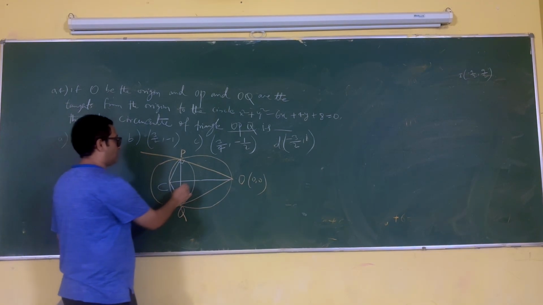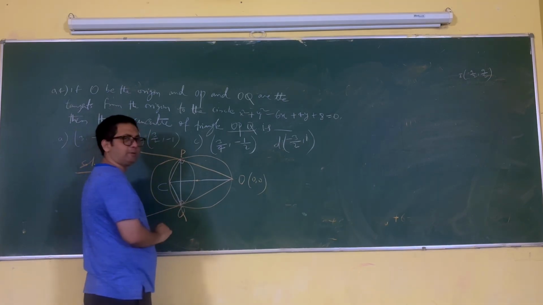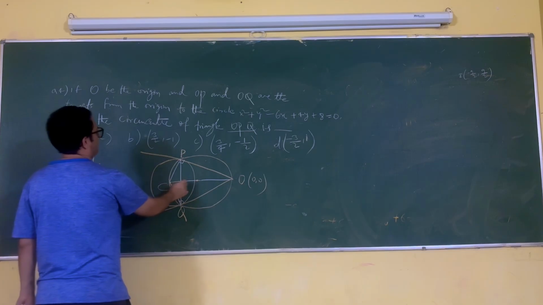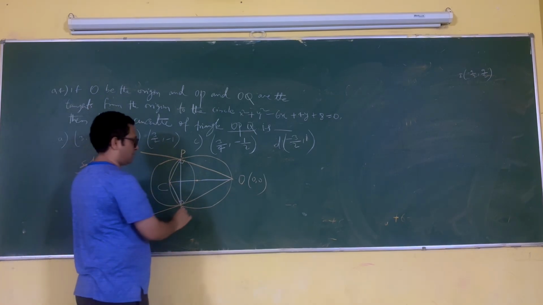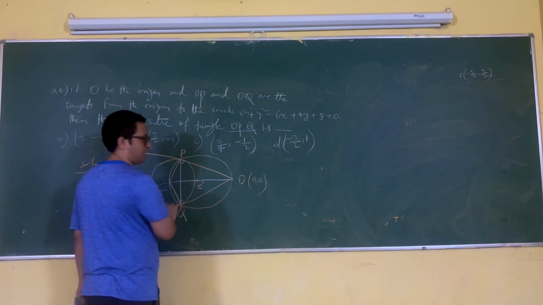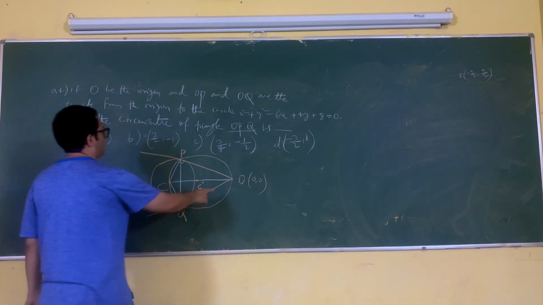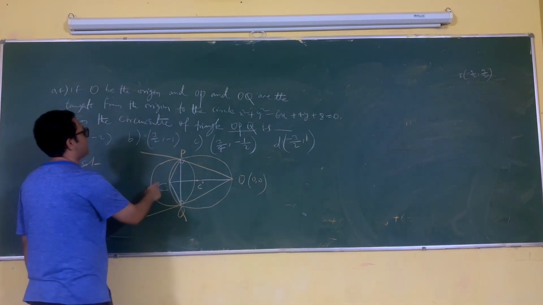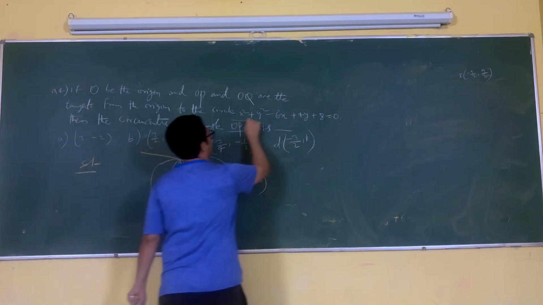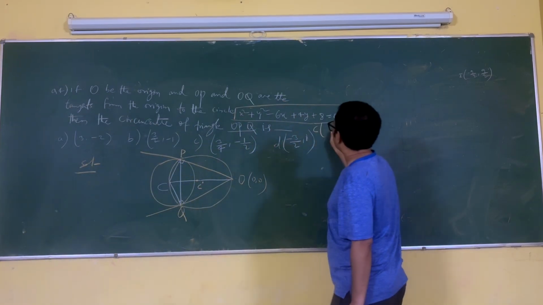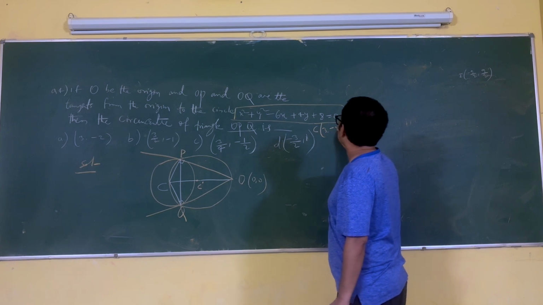So the midpoint of this will be the center of this circle, and they are asking for it. So let this be C dash, actually required. So this point is given. C we can get from this equation. What is the center of this circle? The center of this circle will be 3, minus 2.